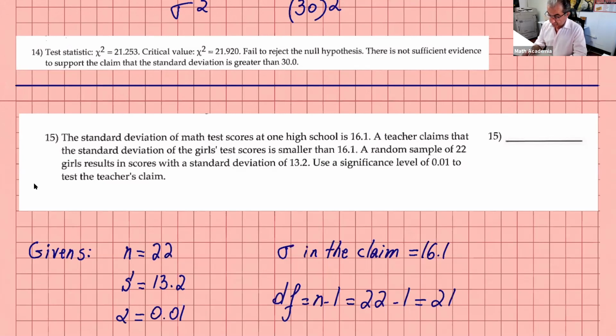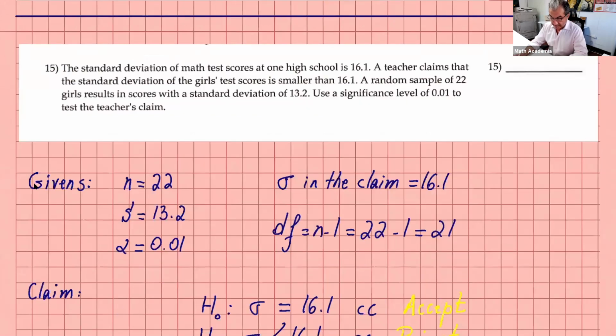So in this case, you have to do 1 minus 0.01, which is 0.99. If you go to the table, 0.99, degrees of freedom are 21, so you get 8.897. So this is our critical value right here.